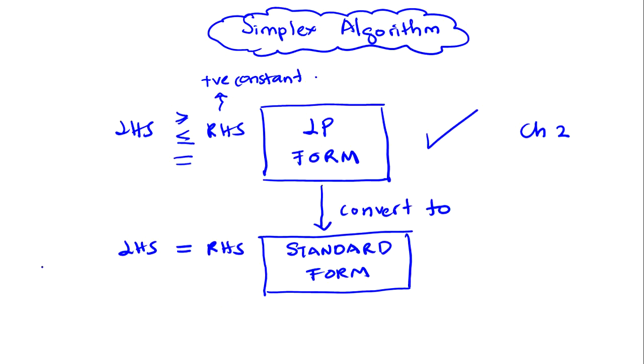So any constraint with less than or equal to on the left hand side must be added with slack variables. For a constraint with greater than or equal to, we need to subtract surplus variables. Surplus is also known as excess.